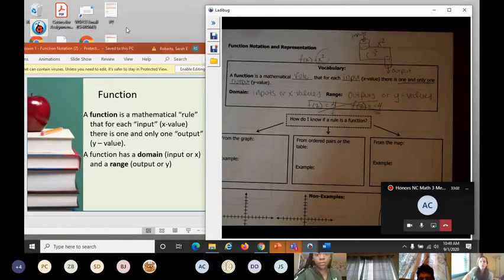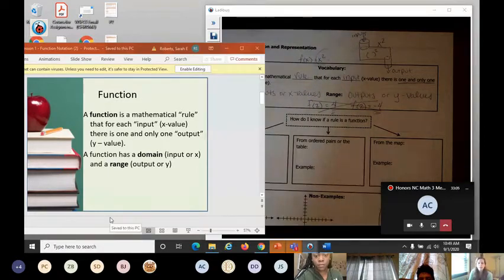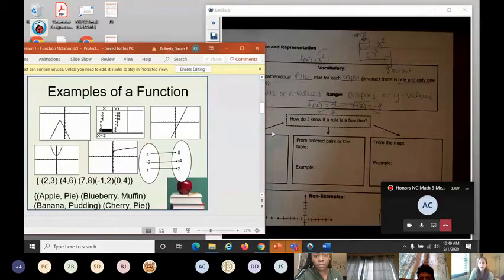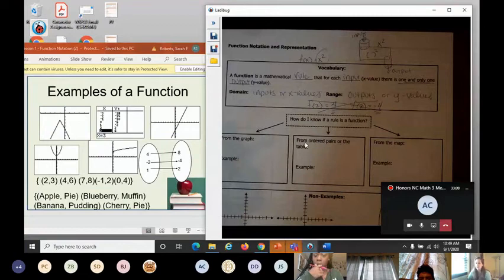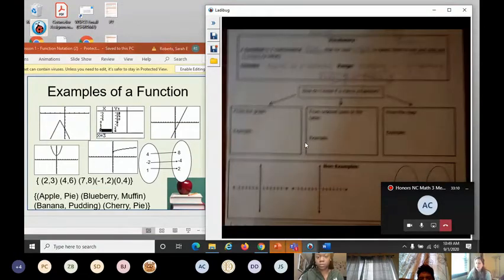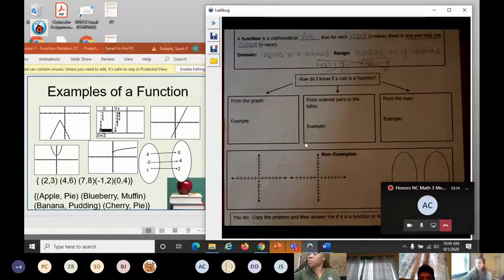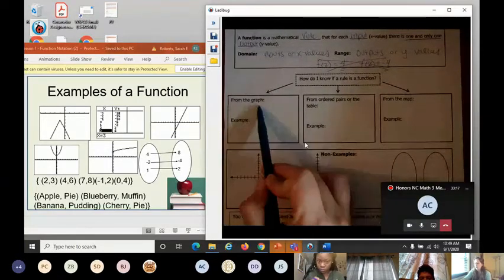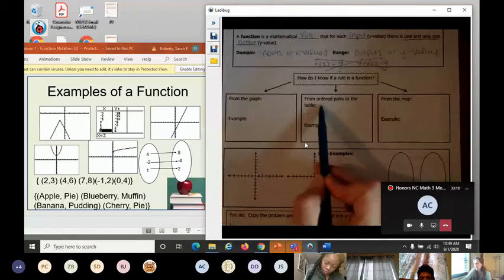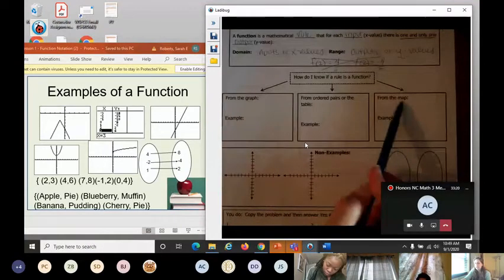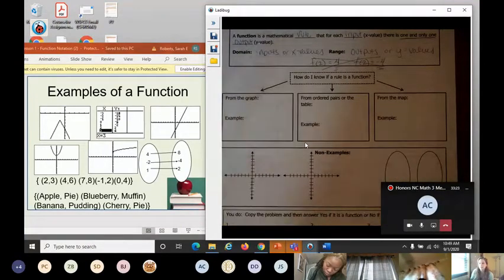Okay, so the next thing we're going to talk about is when we can tell it's a function. So there are 3 different representations that we're specifically going to look at. We're going to look at the graph, ordered pairs or tables, and then a map. Okay, and we're going to tell whether or not it's a function through each of those representations.